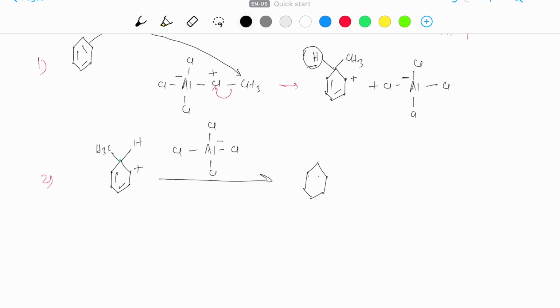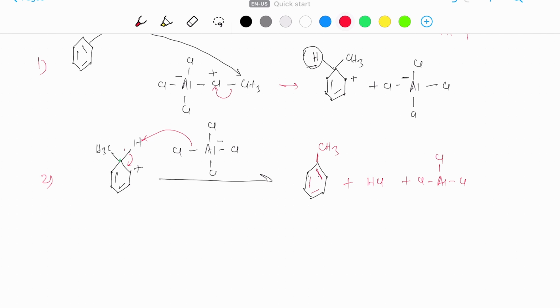Anyways, the mechanism is kind of the same. So this bond will try to pull off this hydrogen away, and the bond between hydrogen and this carbon will break, and the electrons will be left here to reform the double bond. So now we reform this double bond, and we had double bonds here and here before, and hydrogen is gone now, and we have formed our toluene, and we also reformed this aluminum chloride.